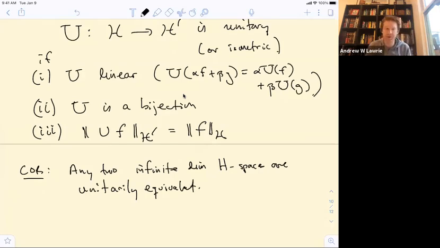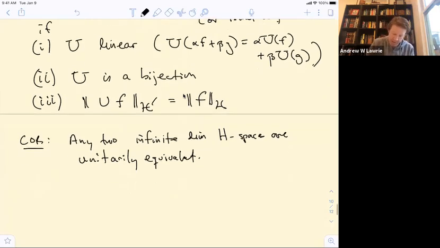So you can always find such a mapping. The proof, I'll refer you to the book, but it just amounts to finding a basis.